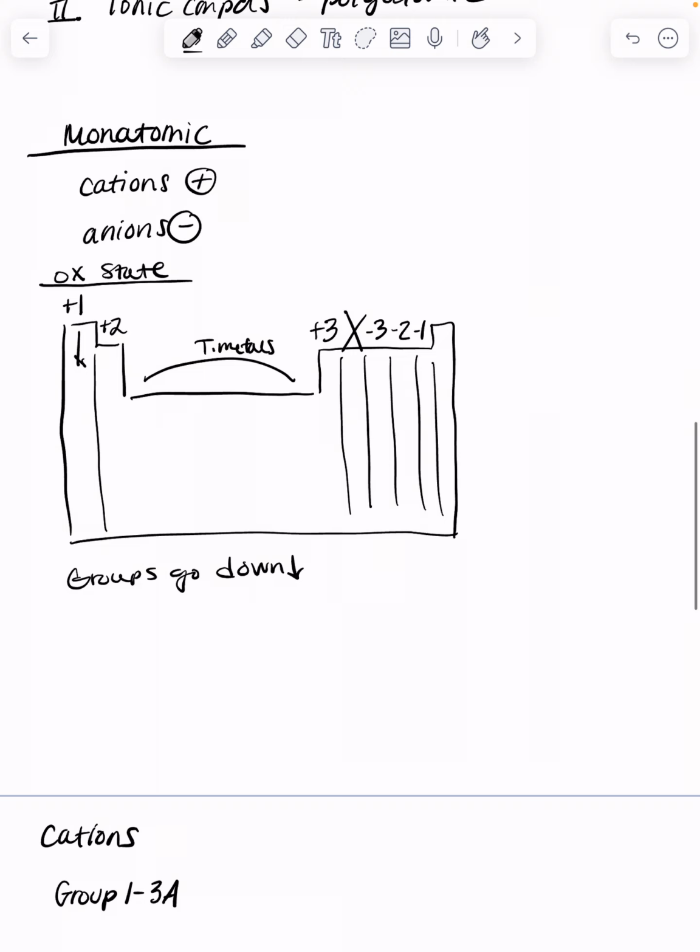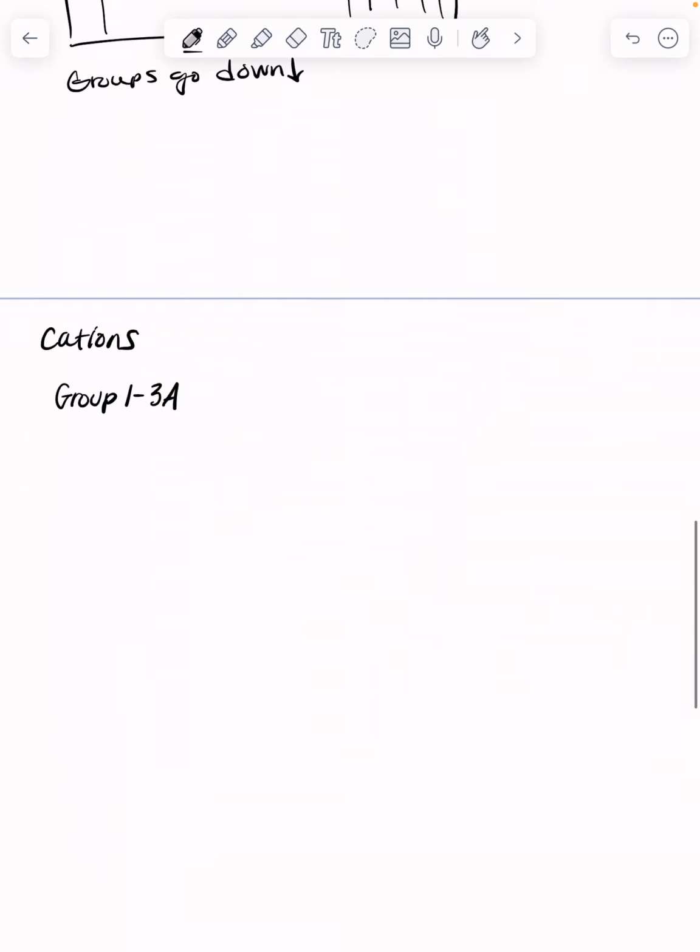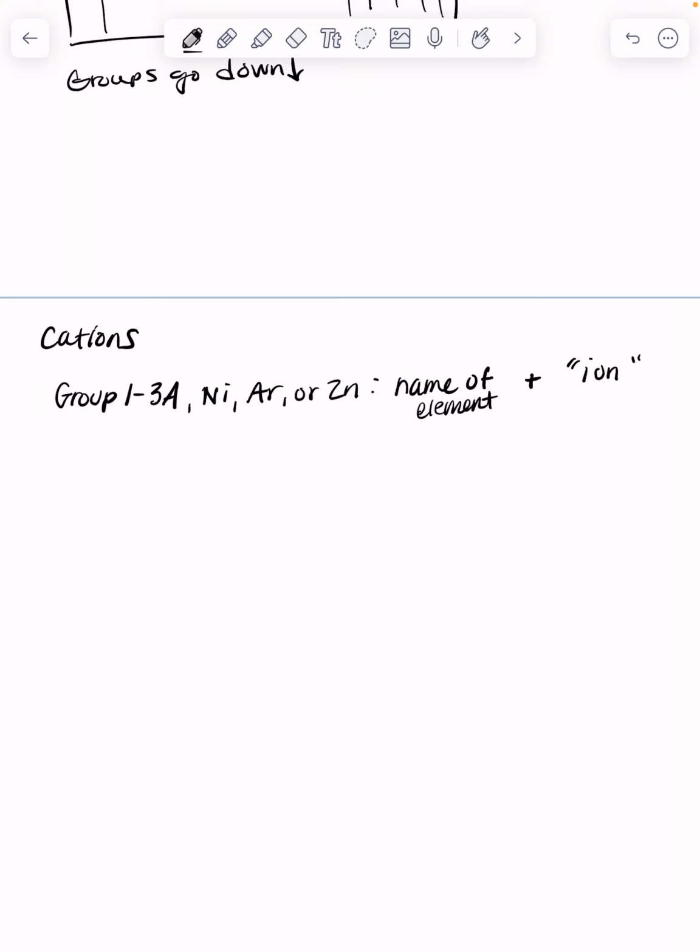So that being said, getting to the rules. For cations, if you are going from group 1 to 3A, so that would be these two groups over here, and then this is group 3A, right? If you're going from one of those, and then if it is nickel, argon, or zinc, how you name this is just going to be the name of the element plus the word ion, right?